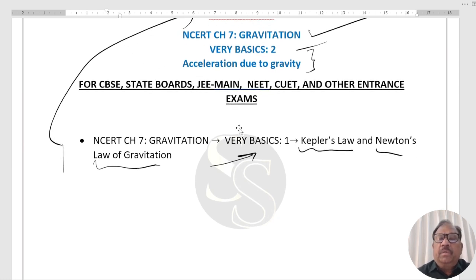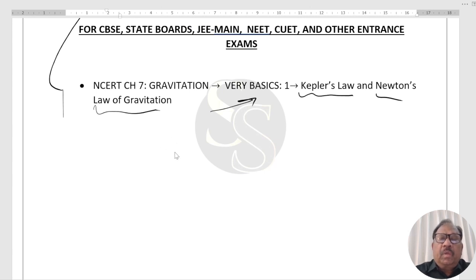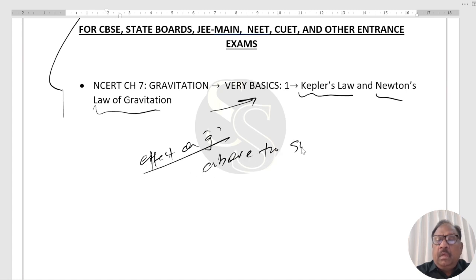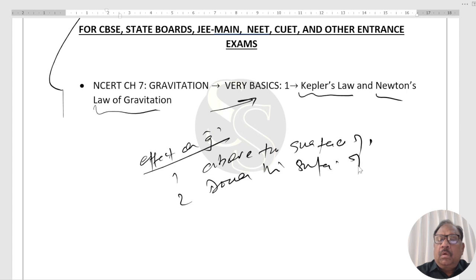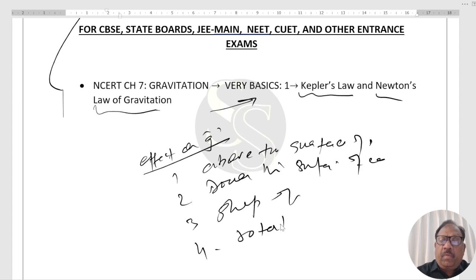In this session, we are going to discuss the effect on g, acceleration due to gravity, above the surface of the earth, down the surface of the earth, shape of earth, and rotation of earth.